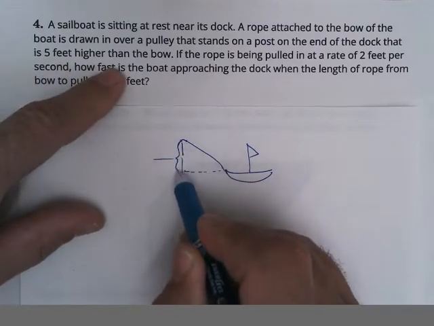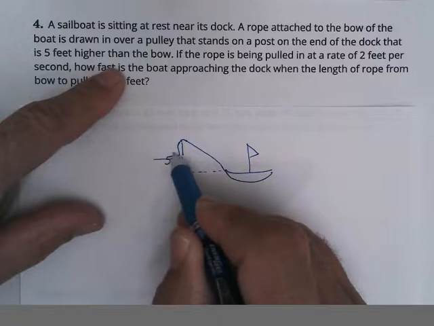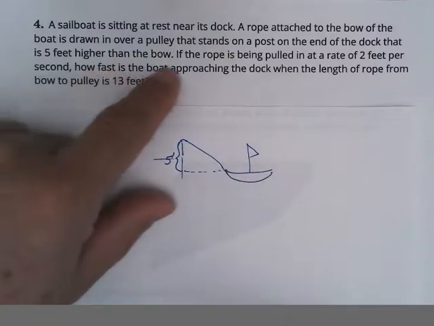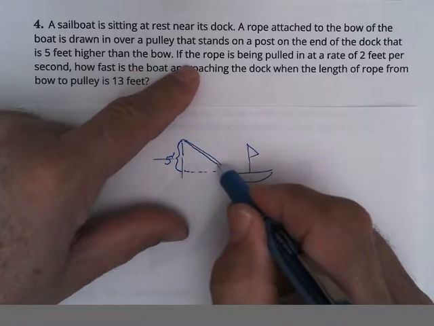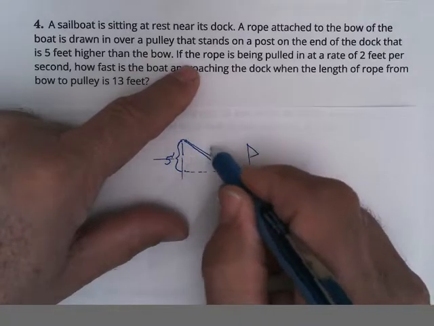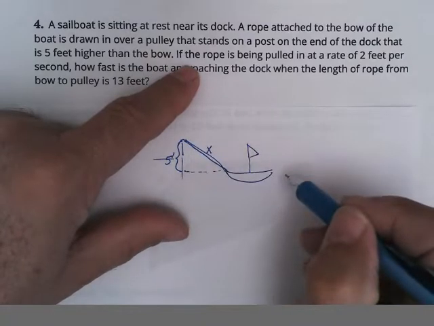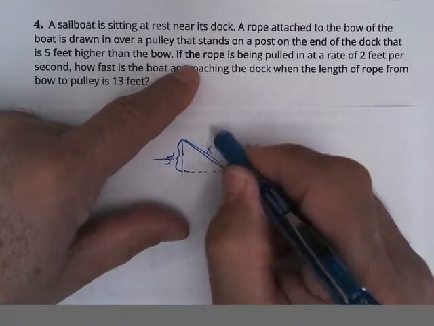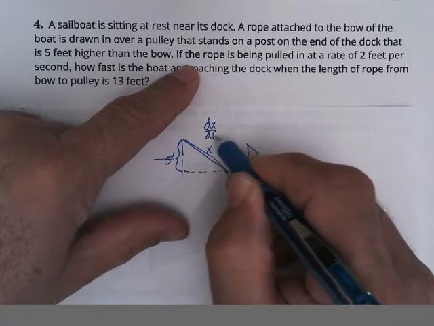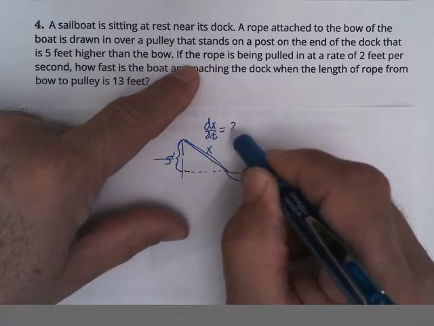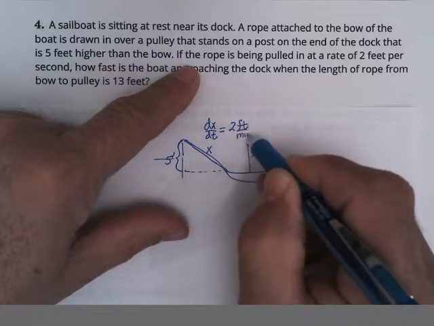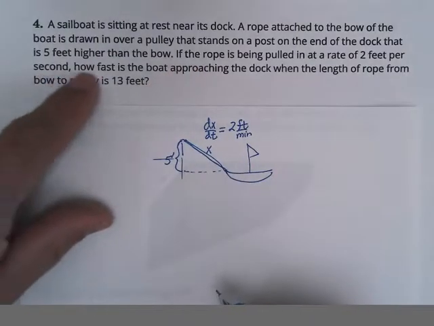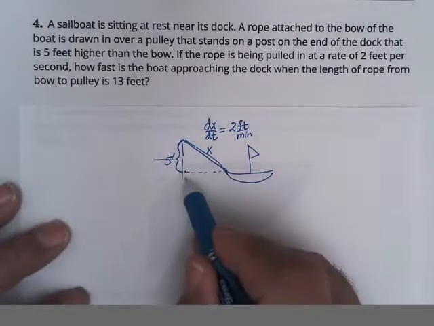So this doesn't change, so I can use that. If the rope is being pulled in, so this is the length of the rope, let's call it x, then the rate that it's being pulled in would be dx/dt at 2 feet per minute. How fast is the boat approaching the dock?